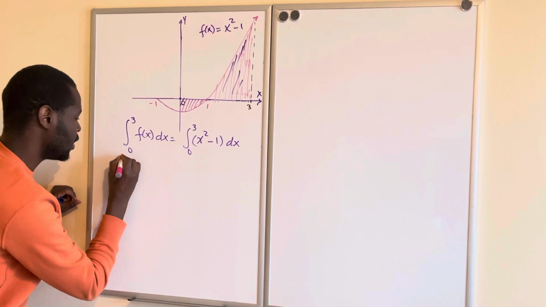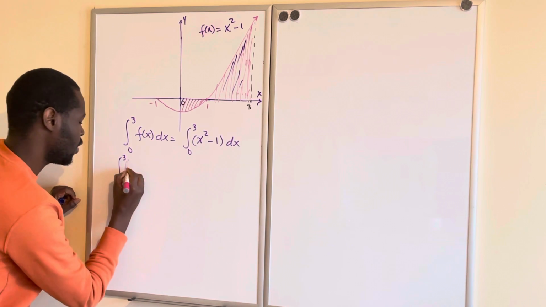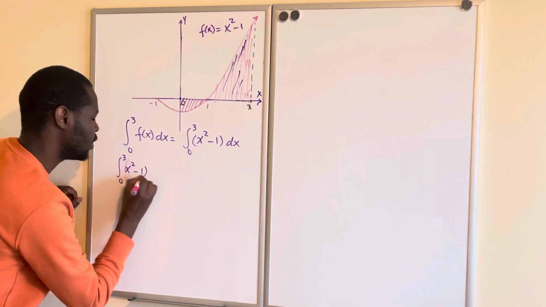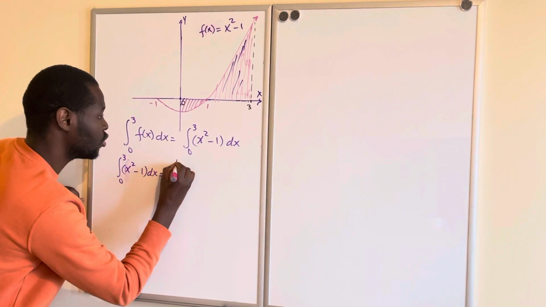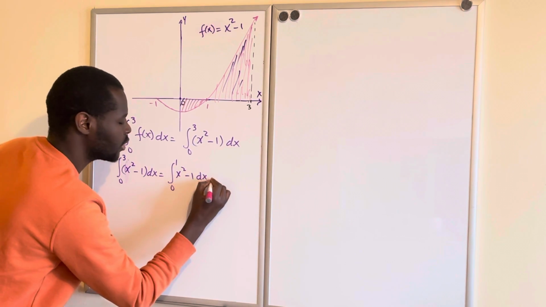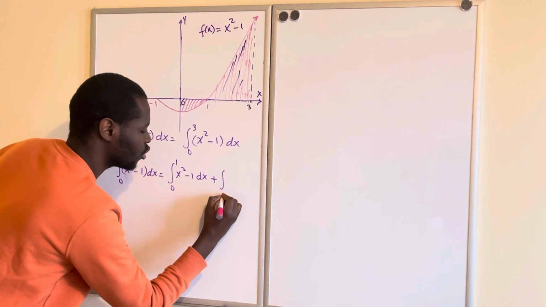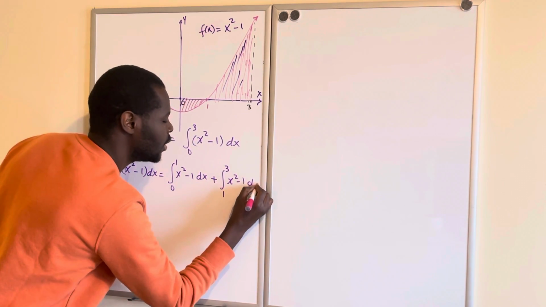So we can say that the integral from 0 to 3 of x squared minus 1 dx is equal to the integral from 0 to 1 of x squared minus 1 dx plus the integral from 1 to 3 of x squared minus 1 dx.